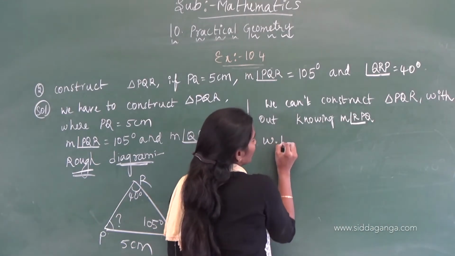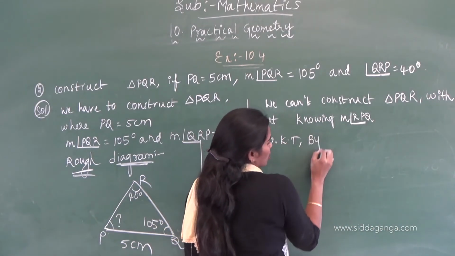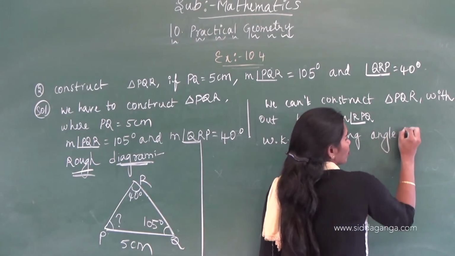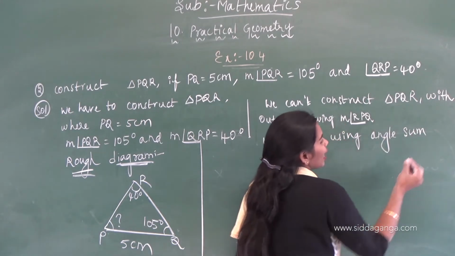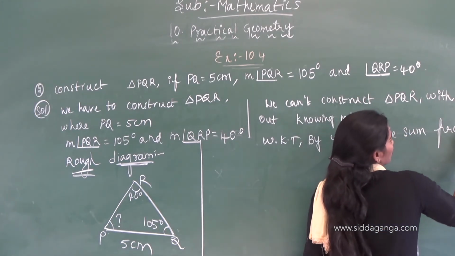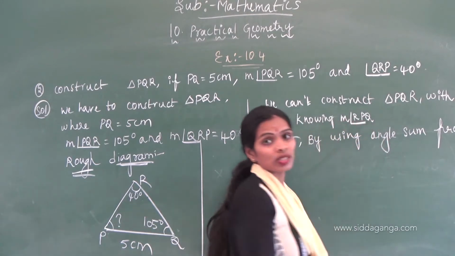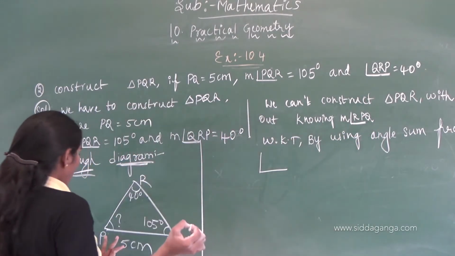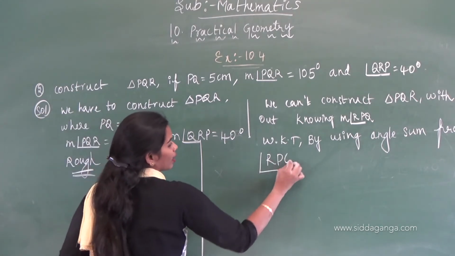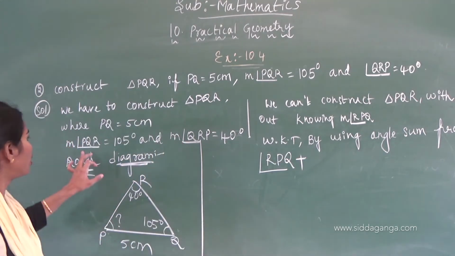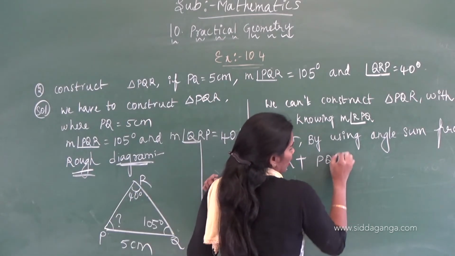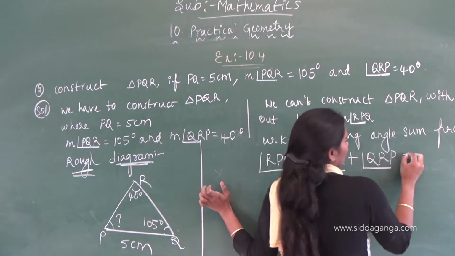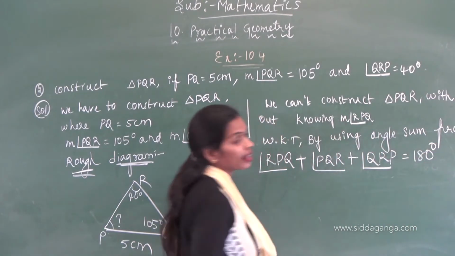We know that by using angle sum property, angle RPQ plus angle PQR plus angle QRP equals 180 degrees.